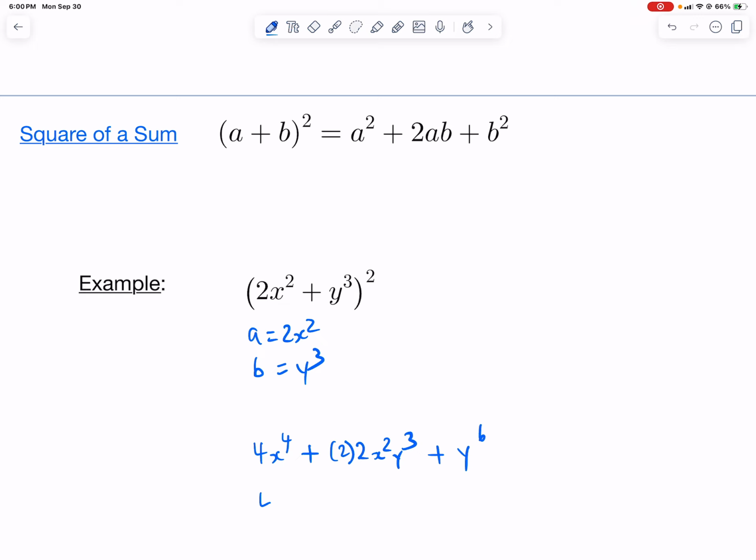So then this simplifies to 4x to the 4th plus 4x squared y cubed plus y to the 6th.